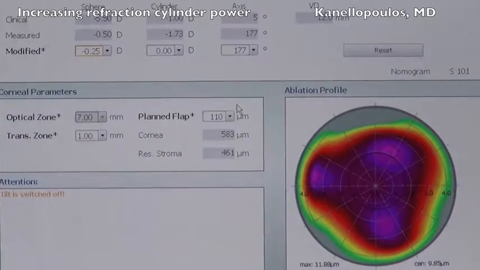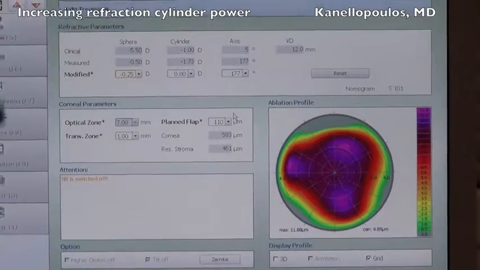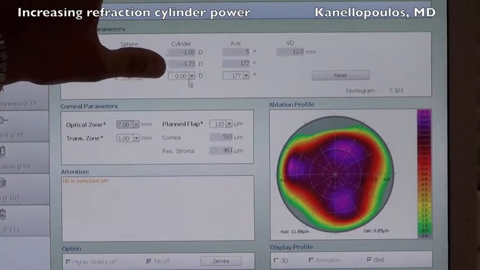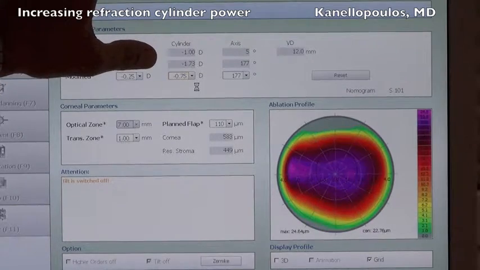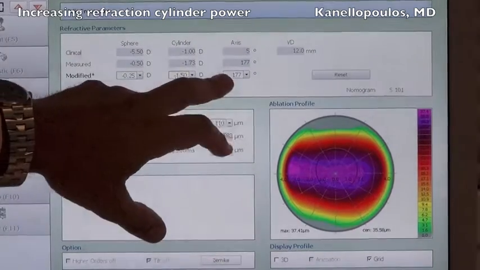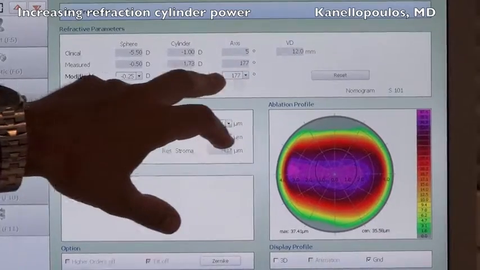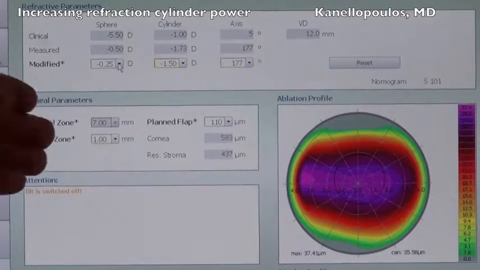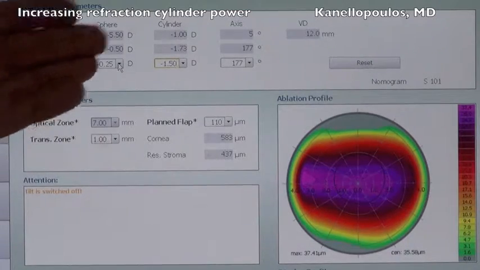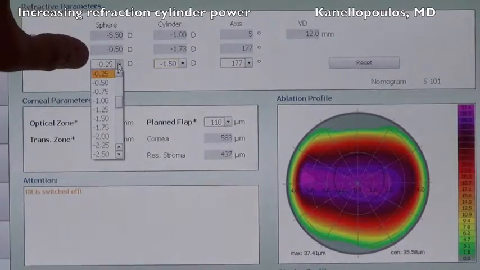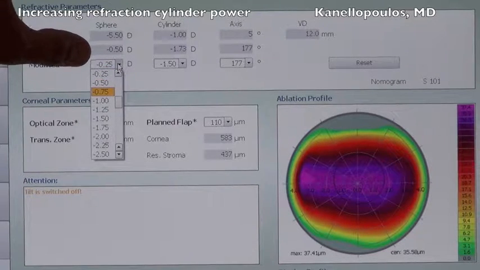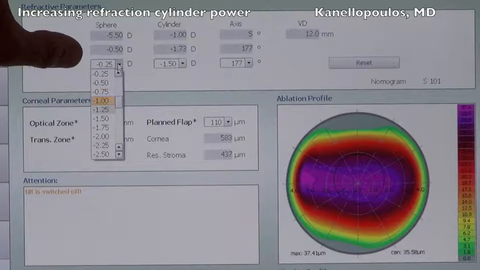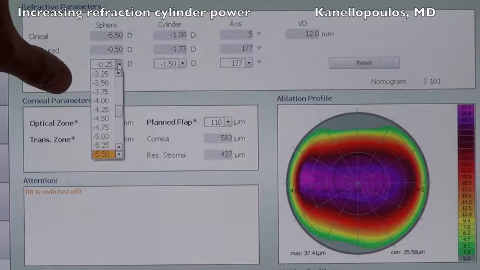So we're going to arbitrarily increase the cylinder from 1 diopter to 1.5 diopters at the axis of topographic cylinder, and we're going to take this extra half diopter cylinder out of the sphere, which will make our topographic neutralization become 0. So we're going to add here the minus 5.5 of our clinical refraction after all.